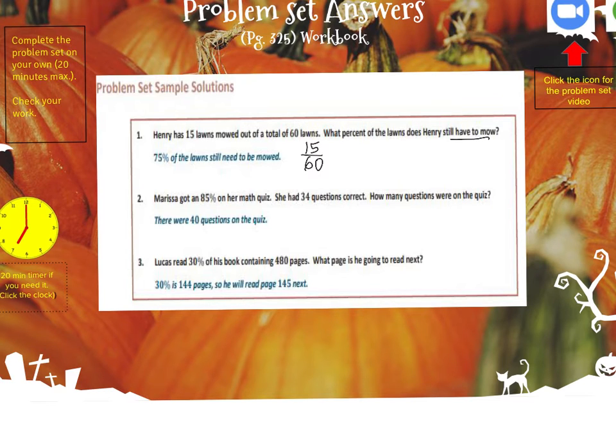So I'm going to do a little bit of math work up top. We don't know what percent, n equals 15 out of 60. I'm going to divide each of those by, I think, 5.